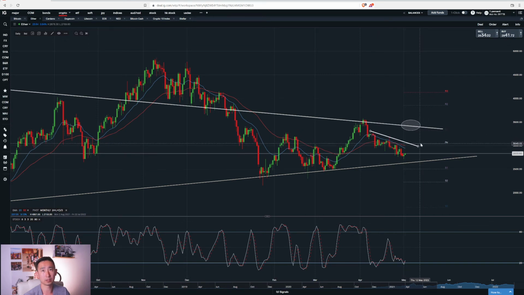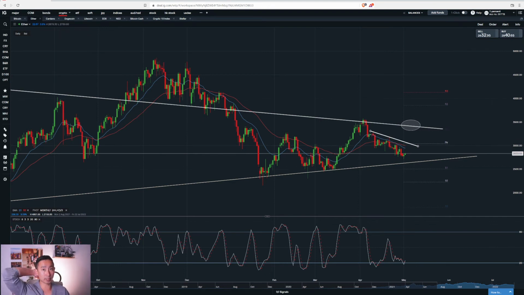Maybe. Yeah, interesting. Let's see. We'll get rejection around the 3,000 area, but there's not much room until the trend line. So maybe on Bitcoin, but keep an eye on it. If we reject around 3,000, then yeah, it certainly looks bearish.